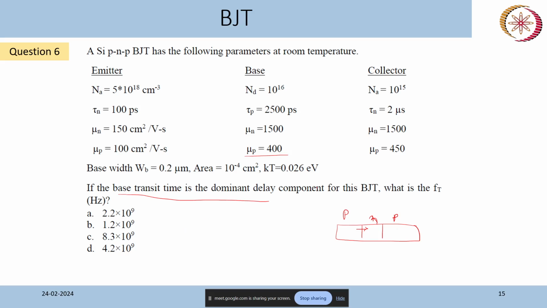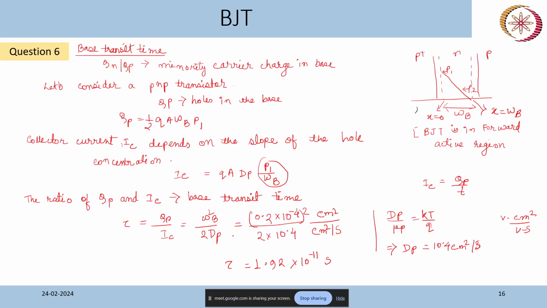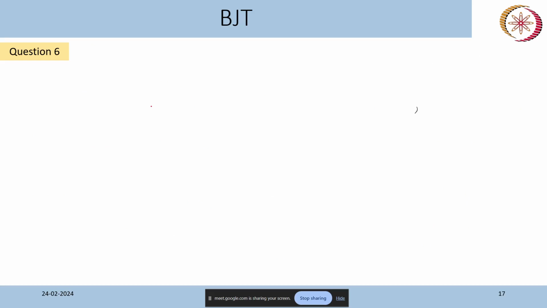Okay, we have to calculate finally the fT in hertz. We have already calculated the base transit time, so this is the dominant delay in the BJT. What is fT? The fT is known as the unity gain frequency.